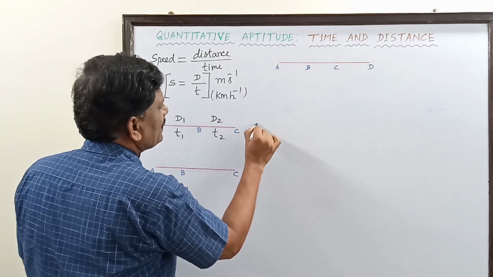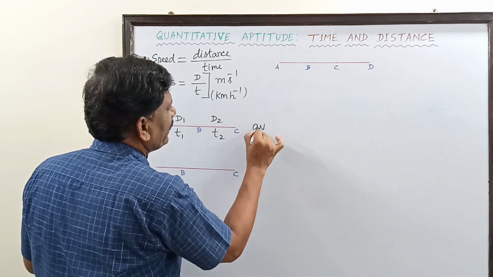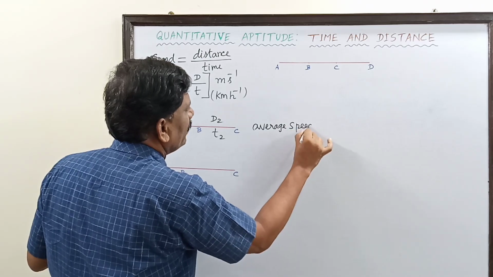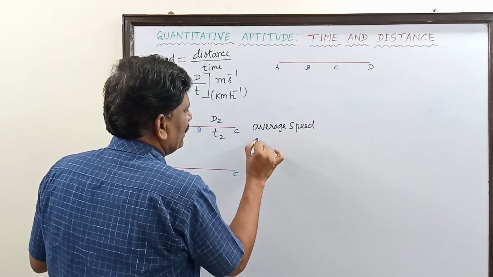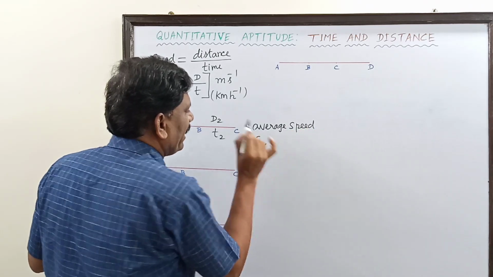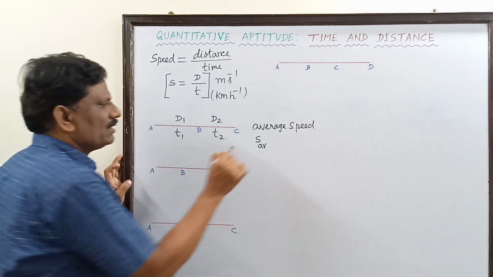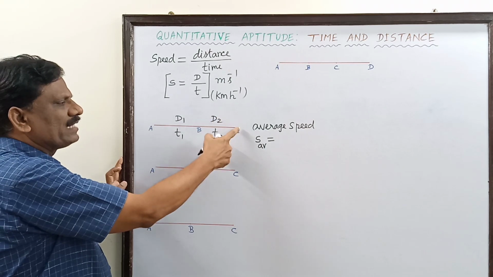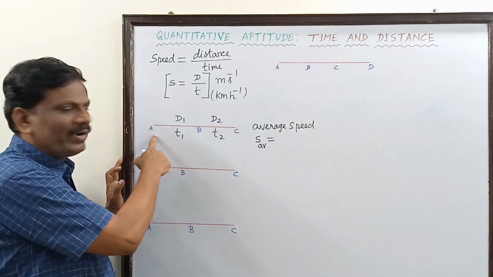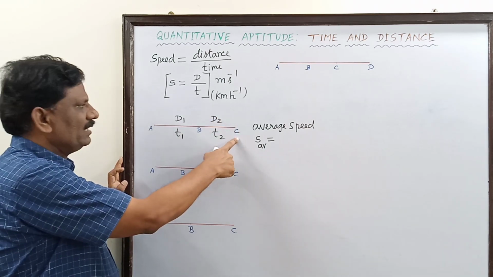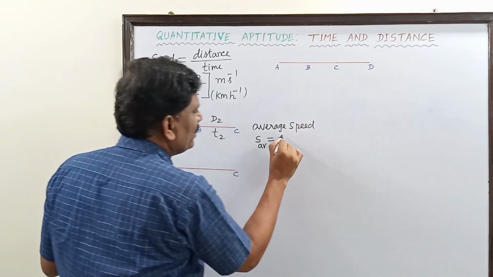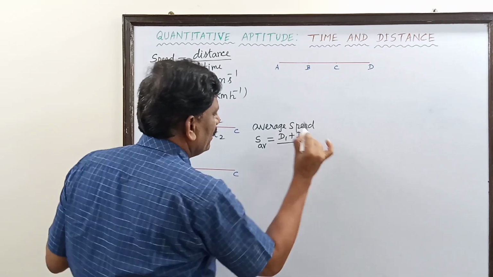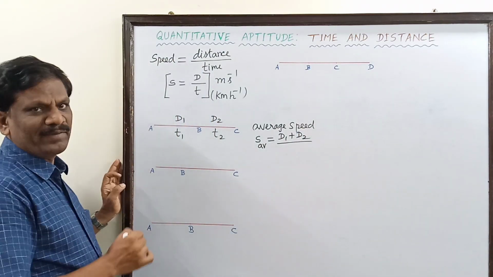So the average speed is denoted like this, S average. So this is equal to the total distance traveled from the starting point to the ending point, that is D1 plus D2, divided by the total time of travel.